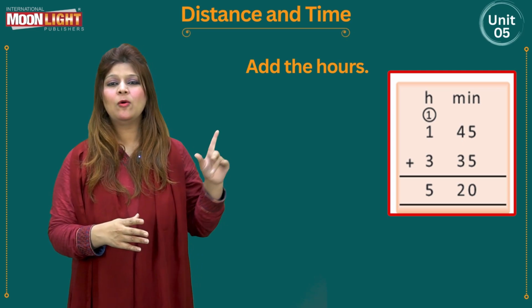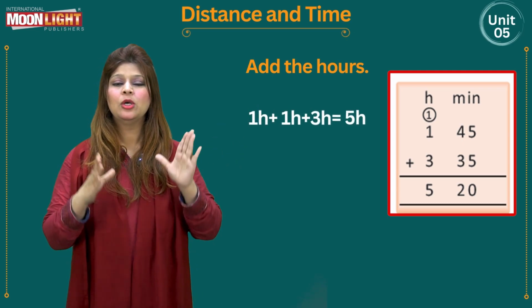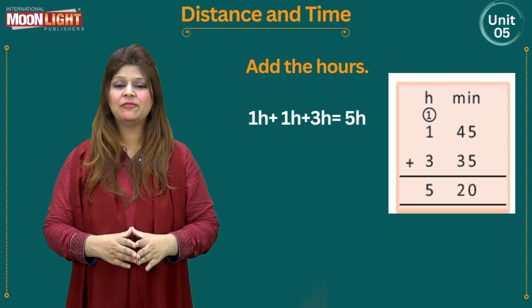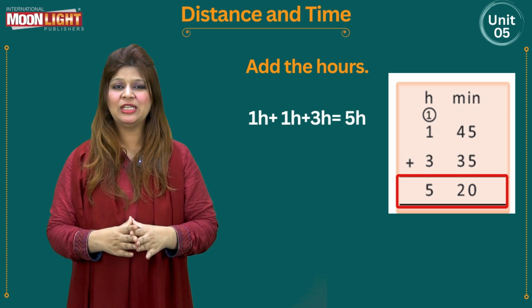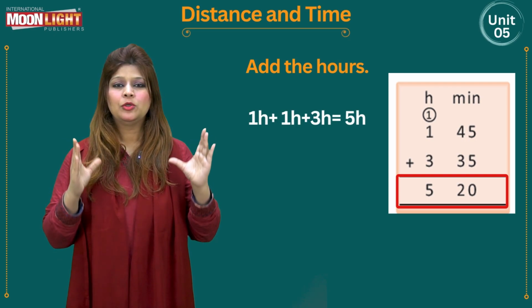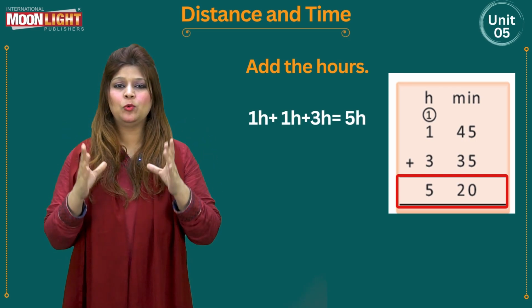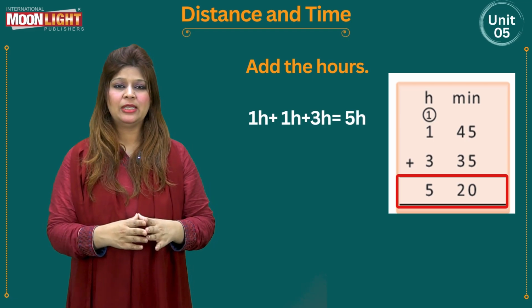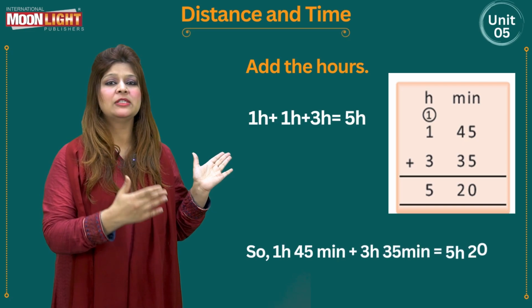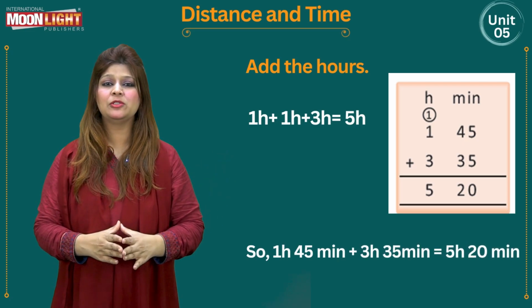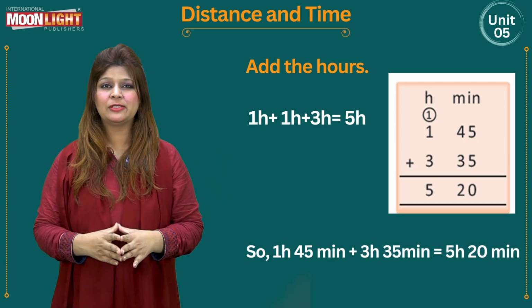So 1 plus 1 is 2, plus 3 is 5. My final answer is 5 hours and 20 minutes. So 1 hour 45 minutes plus 3 hours 35 minutes is equal to 5 hours 20 minutes.